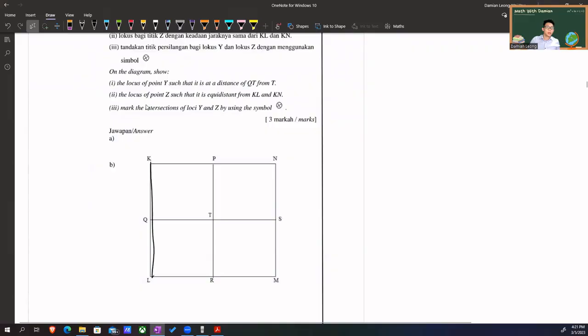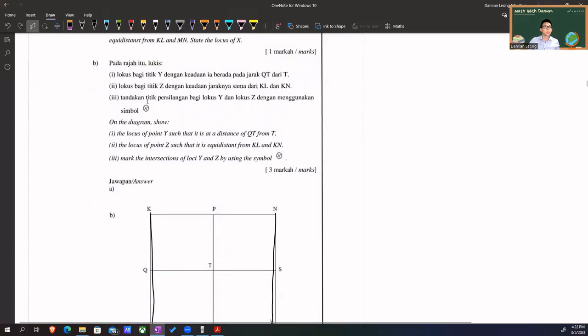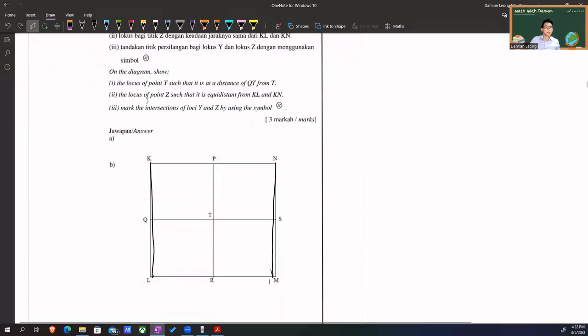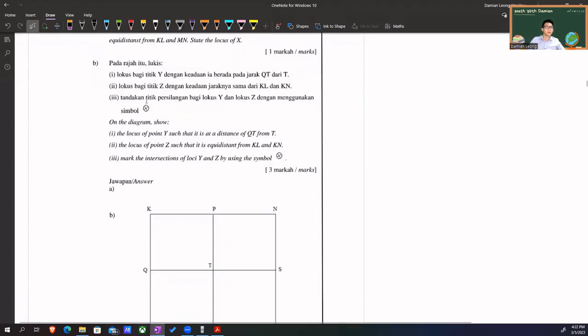KL here, MN here, equidistant means here, right in between. Okay, a parallel line right in between, which is your PR. So part A answer is line PR.